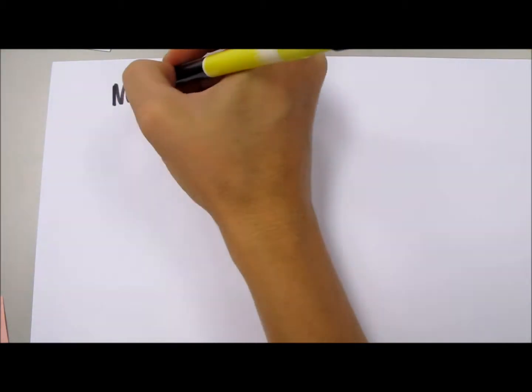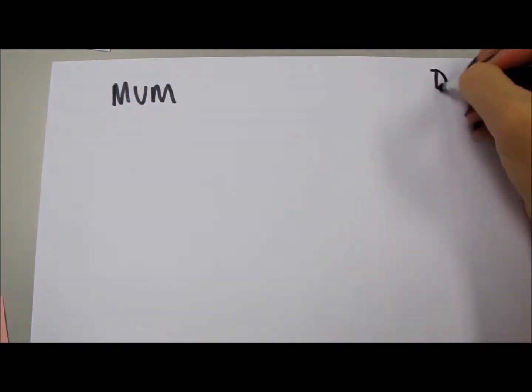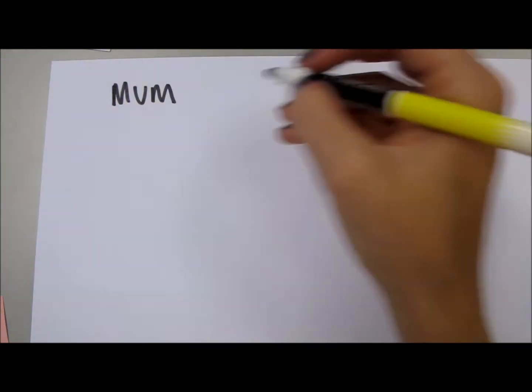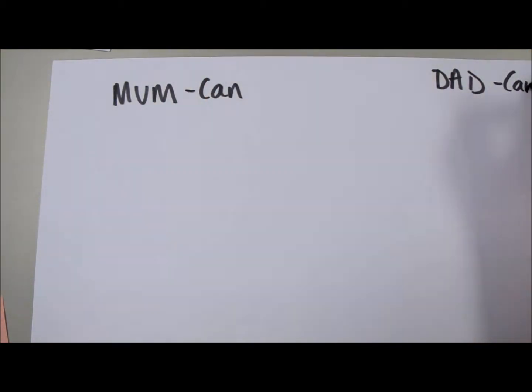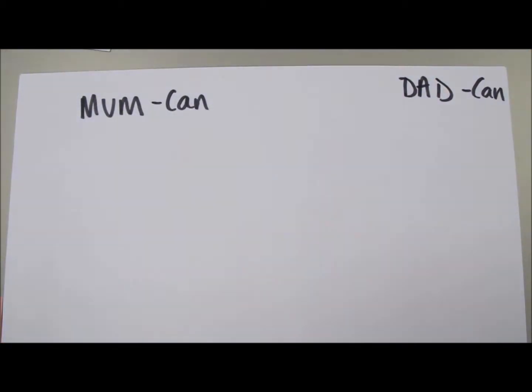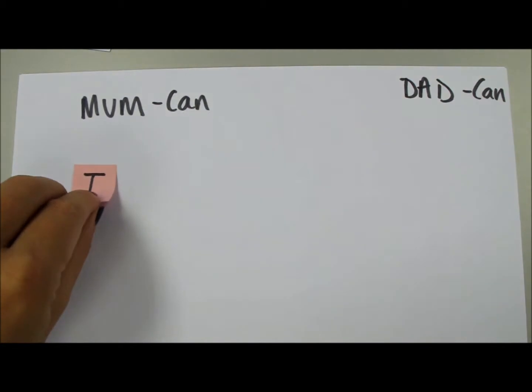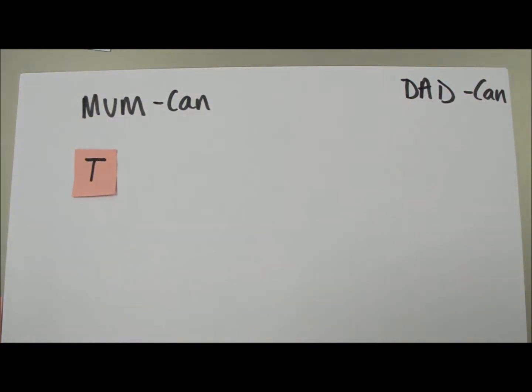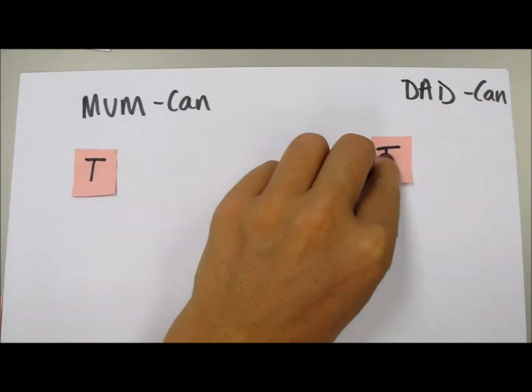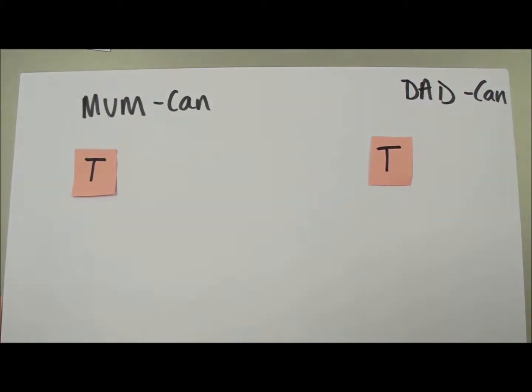If we have two parents, so we have our mum and we have our dad, and we say that they both can roll their tongue, that means that they have to have at least one of their instructions, one of their alleles, must be can roll their tongue, which I'm representing with a capital T. Now, the other one doesn't actually matter.